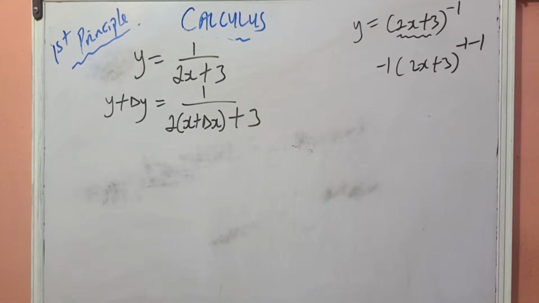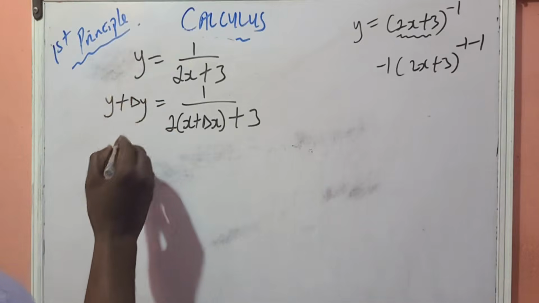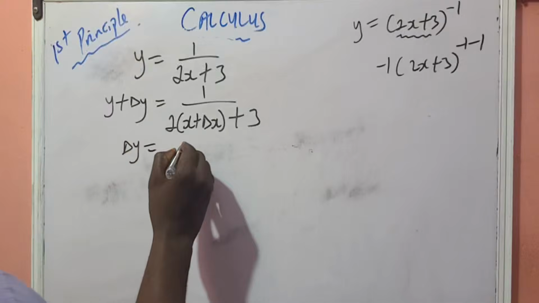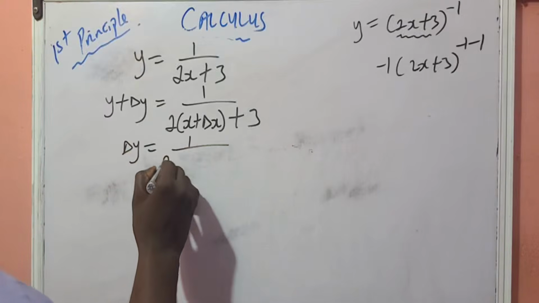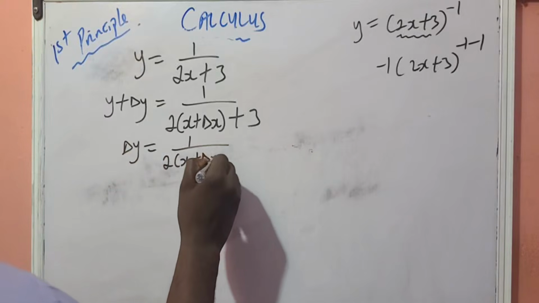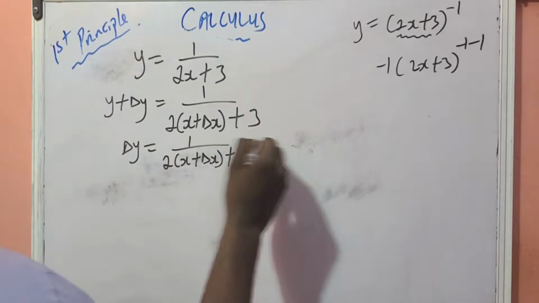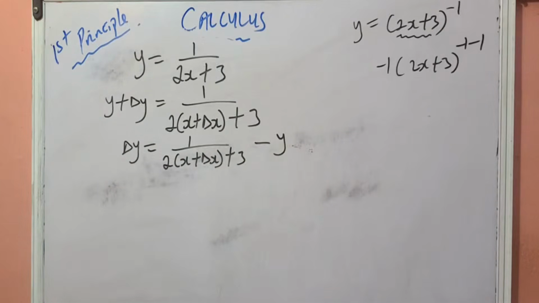All right. Now look at what we have here. The next thing is for us to make change in y the subject of formula. It's the same principle. So change in y will be equals to 1 over 2x plus change in x plus 3, minus y.